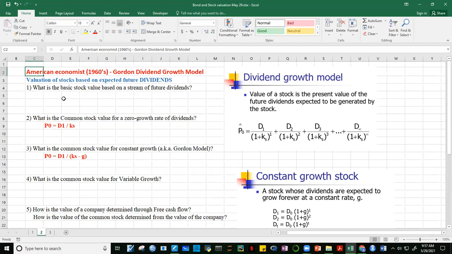So the general formula is that if we know the price today, that's P sub 0. The price today is equal to the dividend after the first year, dividend after the second year, third year, up to infinity, assuming that the company is a going concern.